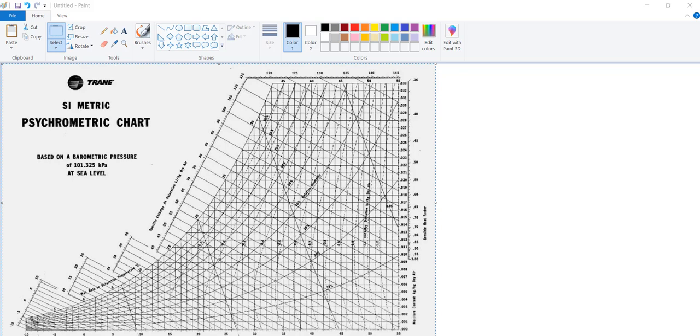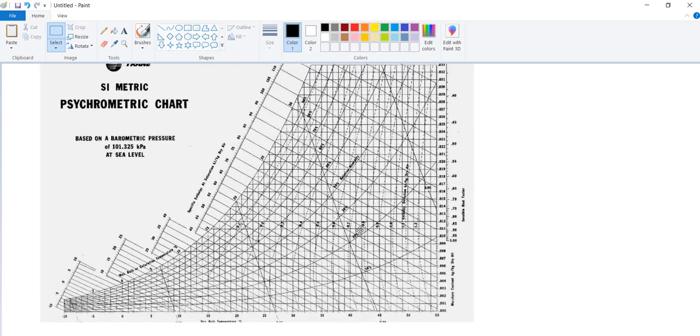So we have here the actual psychrometric chart.